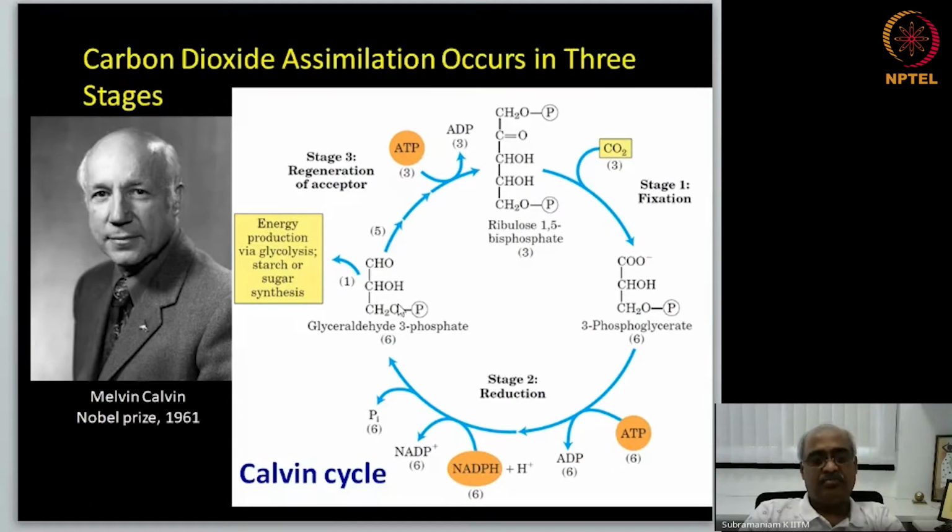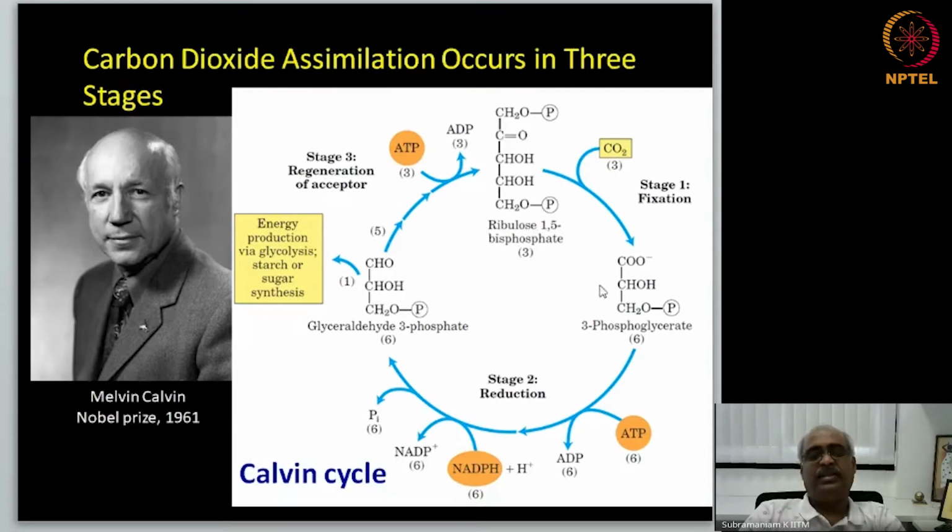And the third is the regeneration of the entry molecule, which is the Ribulose 1,5-bisphosphate. So to balance the stoichiometry, yesterday I told you the cycle starts with 3 molecules of this, and therefore 3 carbon dioxide.